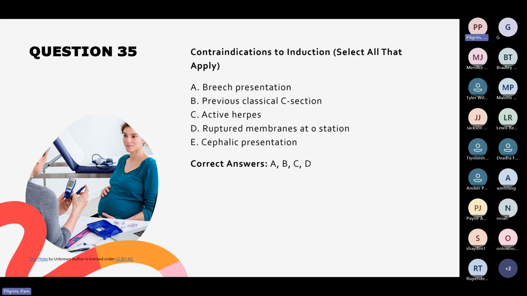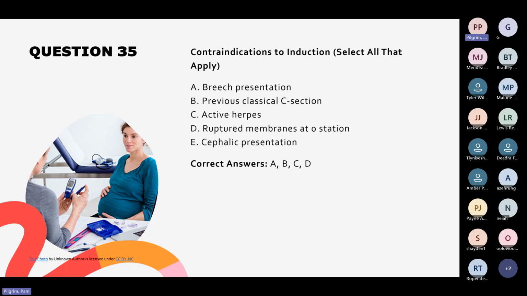If you have the panty line incision, they will VBAC, but you have to be in the appropriate facility for that. And then an active herpes case, somebody with a herpes outbreak, would also not be induced.